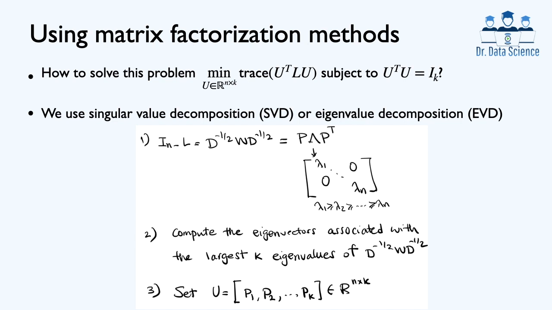So now we're going to concatenate these k eigenvectors and put them as the columns of the matrix U. So this gives us that n by k matrix that we need for performing k-means clustering. So this is the prototypical case of spectral clustering. There are also other variants where you can, for example, normalize each row of U, or you can use different types of Laplacian matrices, but I would say this is the most common type of spectral clustering.